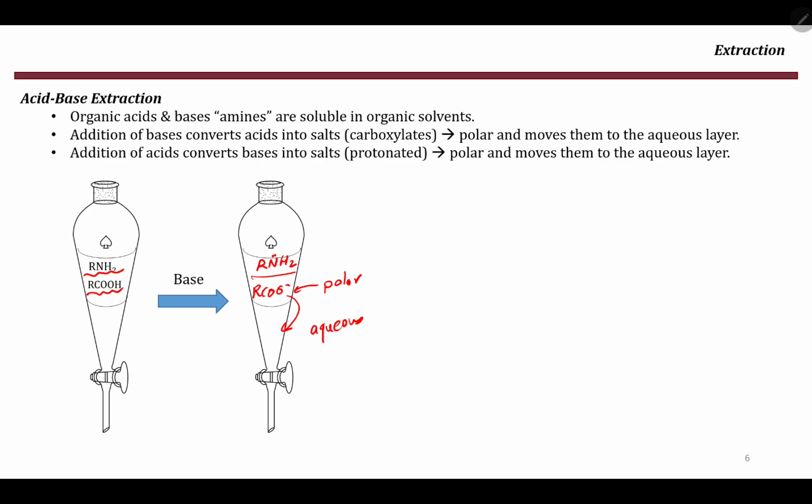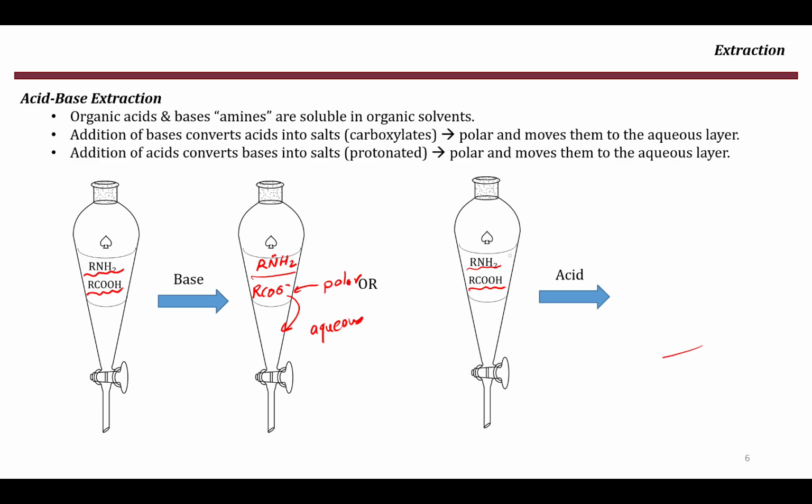So this is one way of using the acid-base chemistry to change the polarity of compounds and change their solubility in different solvents. The other option could be, so again, we have the amine, which is a base, and we have the acid. When I add an acid, the acid will react with the amine because it's a base.